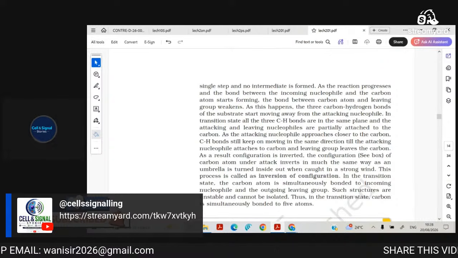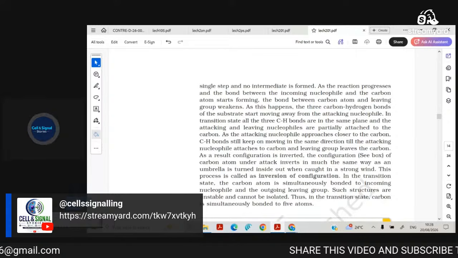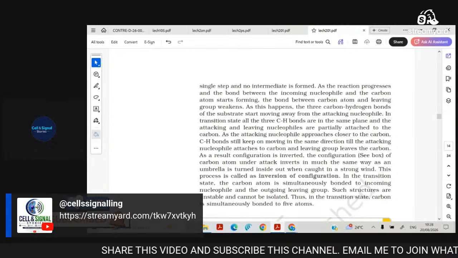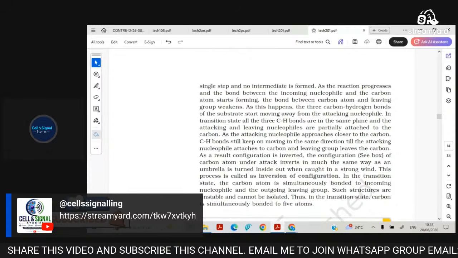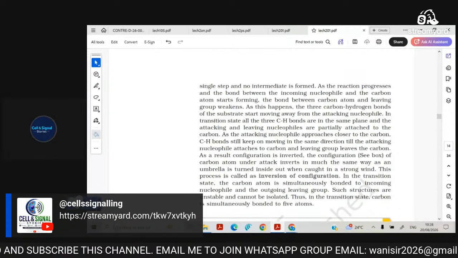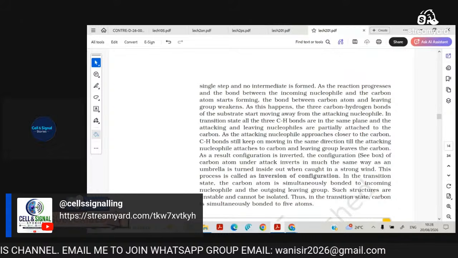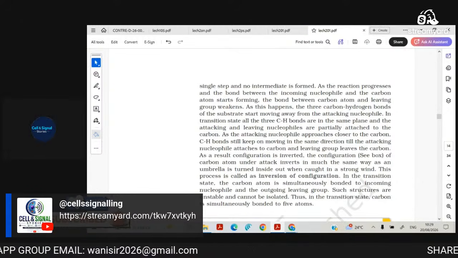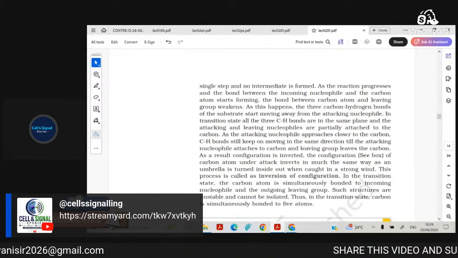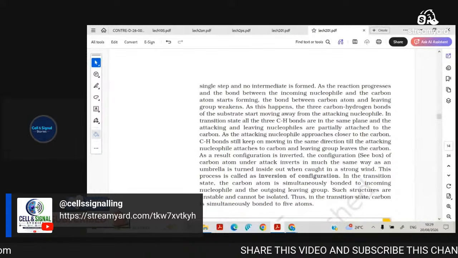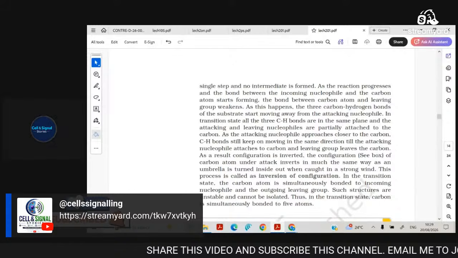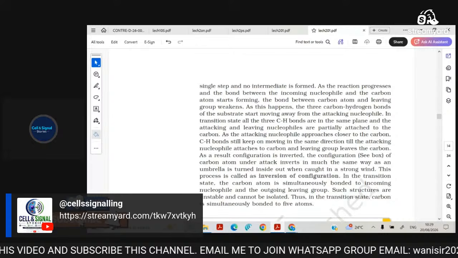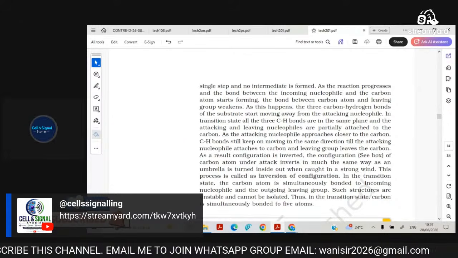As the attacking nucleophile approaches closer to the carbon, the CH bonds keep moving in the same direction until the attacking nucleophile attaches to the carbon and the leaving group leaves the carbon. As a result, the configuration is inverted.